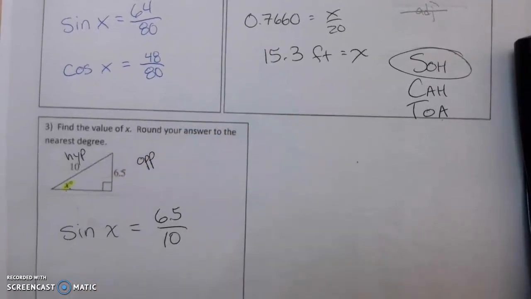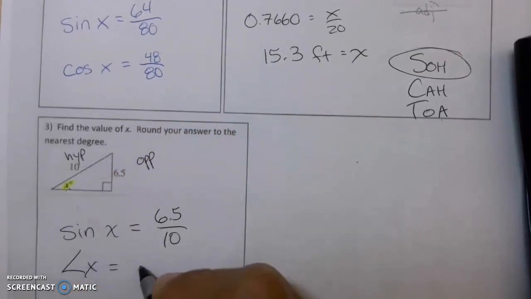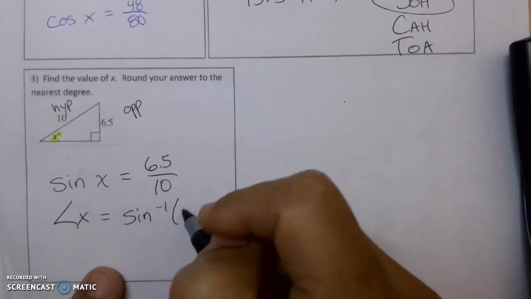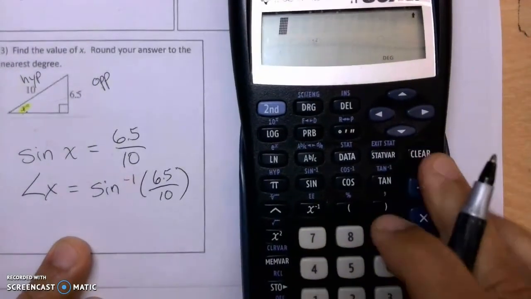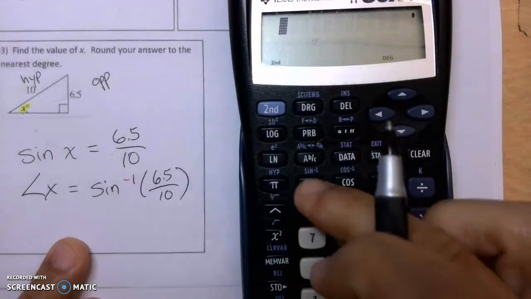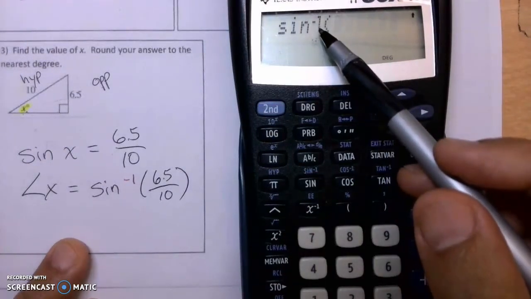This is a missing angle, and whenever you have a missing angle, this is where you do the inverse button. Look for this inverse button in the calculator, the -1. 6.5 over 10. Okay, so what we're going to do here, we're going to go second sine, and then you got that -1 showing up here.